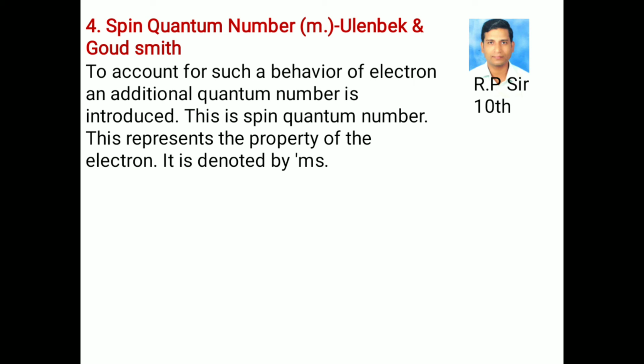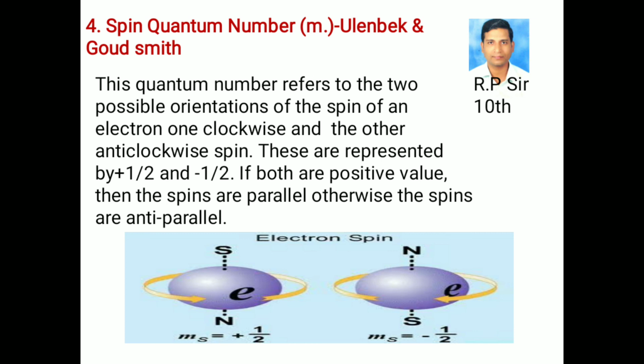To account for such a behavior of the electron, an additional quantum number is introduced. This is the spin quantum number. This represents the property of the electron. It is denoted by ms. The quantum number refers to the two possible orientations of the spin of an electron, one clockwise and the other anti-clockwise spin.